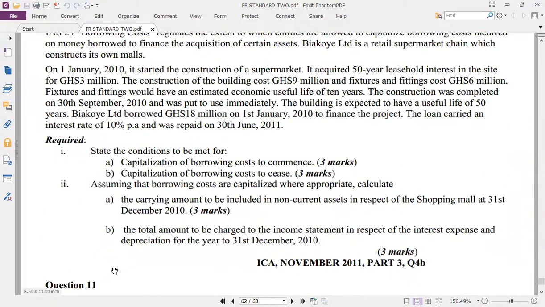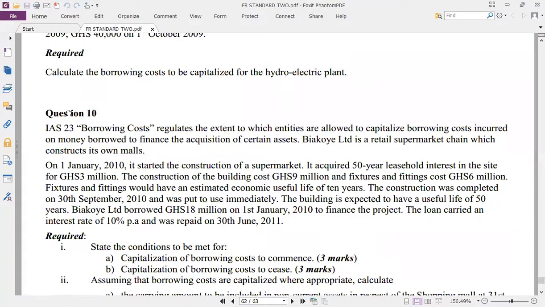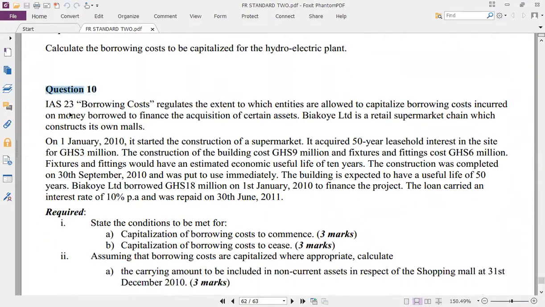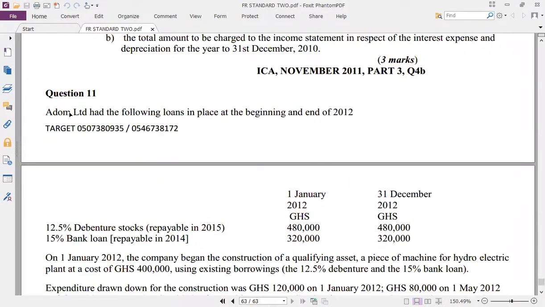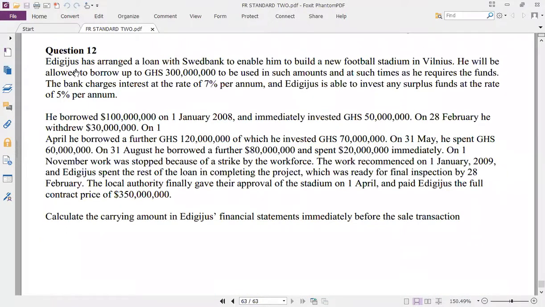Question 10 is part 2. So I do question 1, question 5, question 10, and then the last question, question 12. Question 12, I tried them for me.